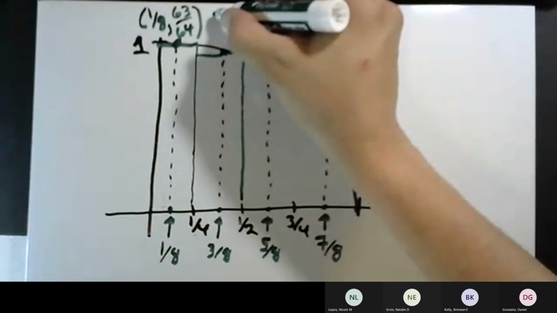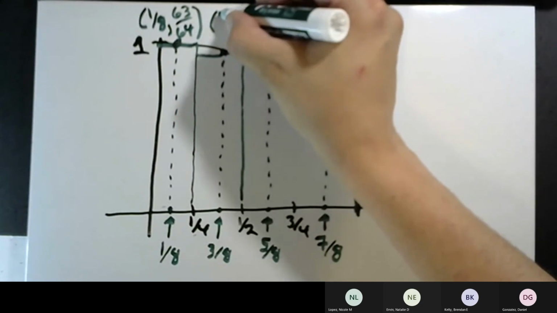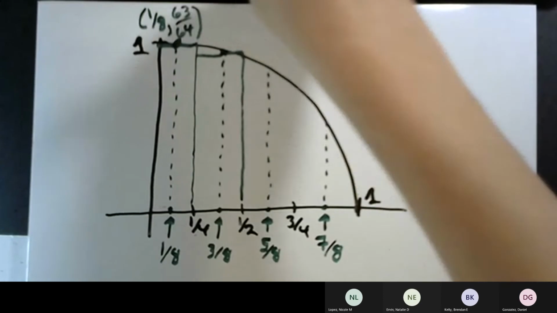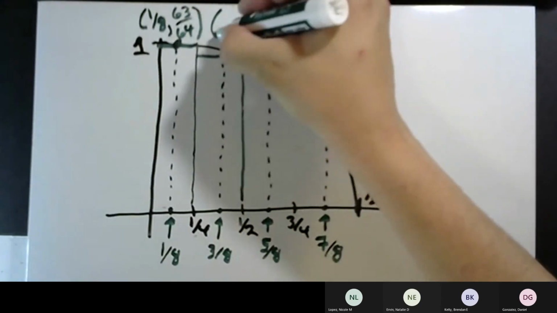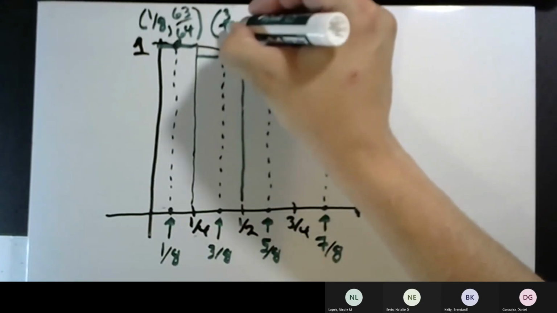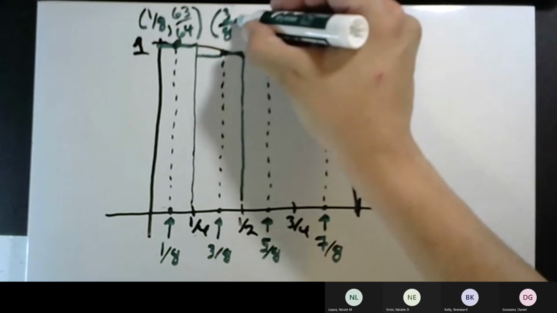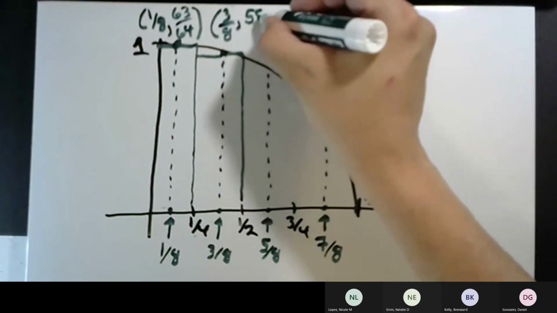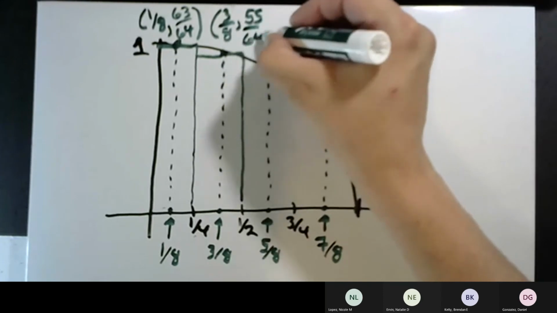This will be 3/8. Ooh, it's hard to see. And 55 over 64.